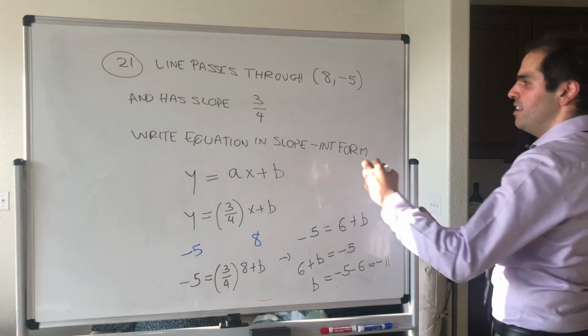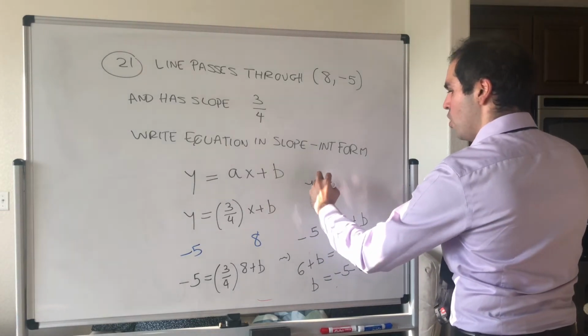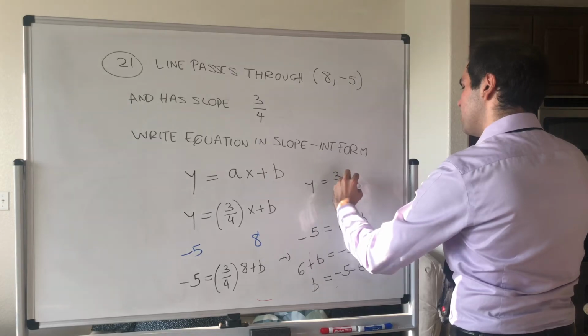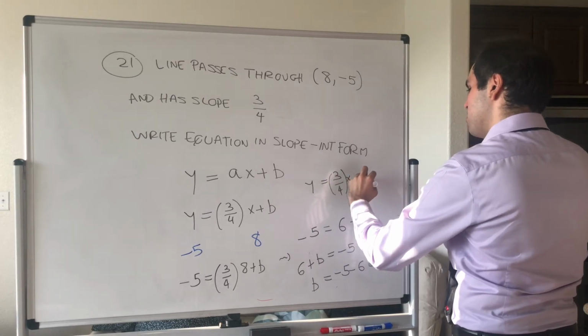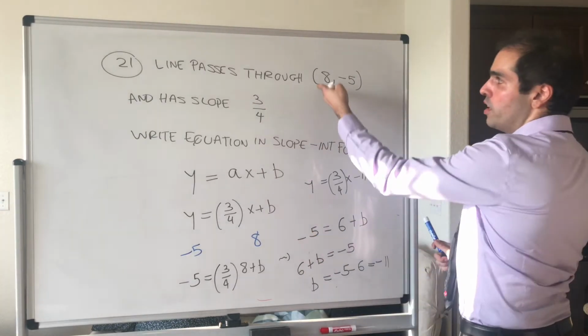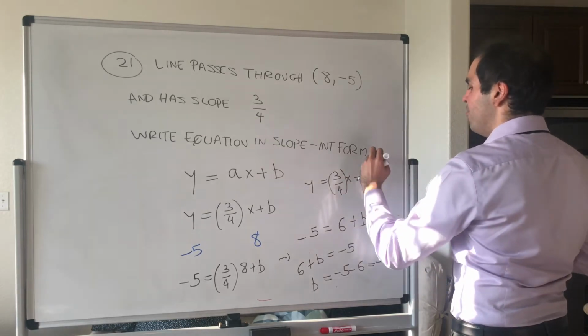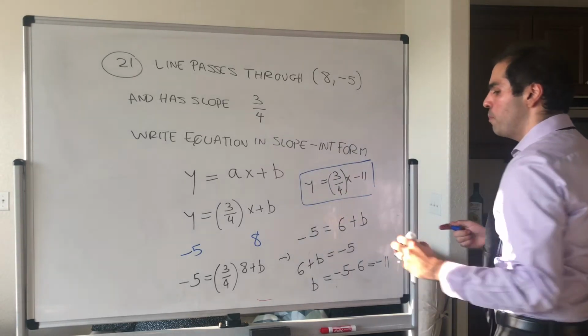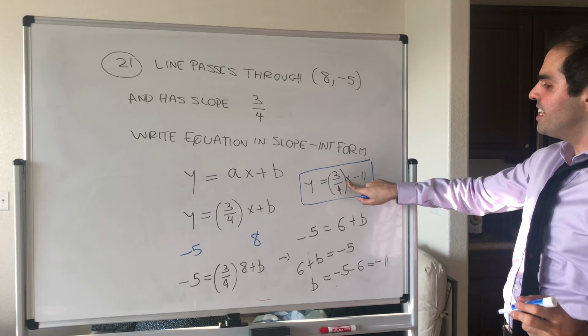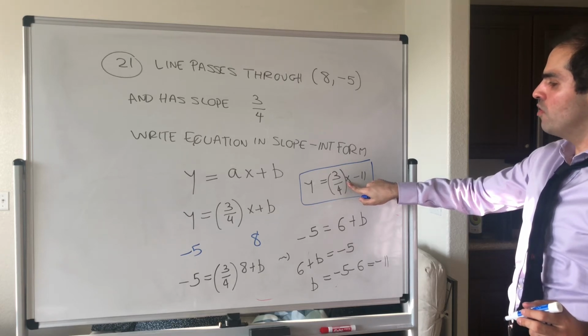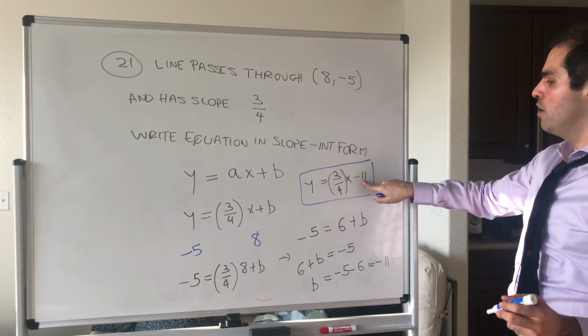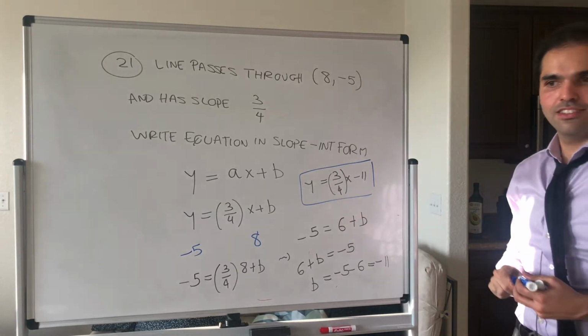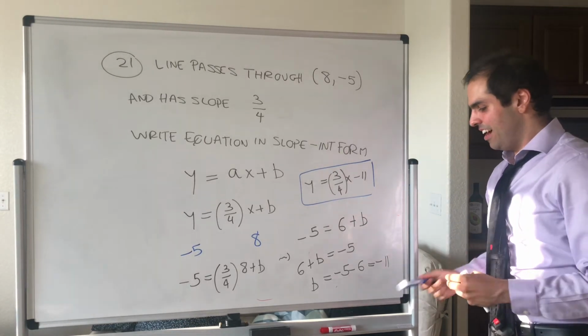So what is the answer? Y is 3/4 x minus 11. And you can always check by checking if it goes through the point. So if you plug in 8 here, you get 3/4 of 8, which is 6. And if you subtract 11, you get minus 5. So that's good. All right, next question.